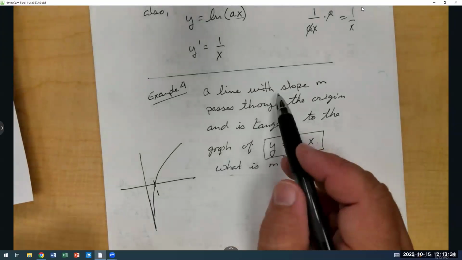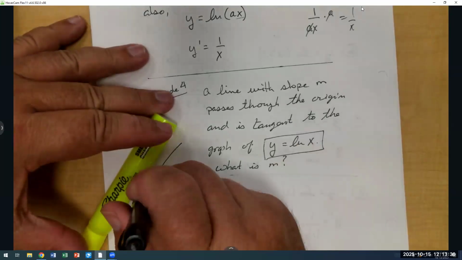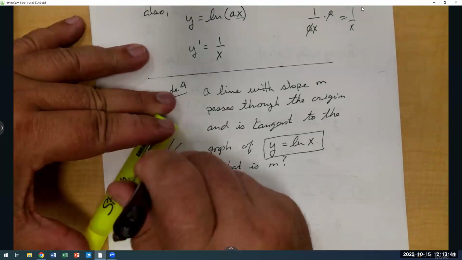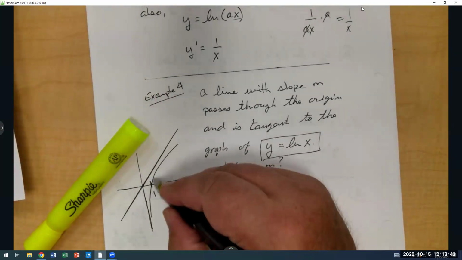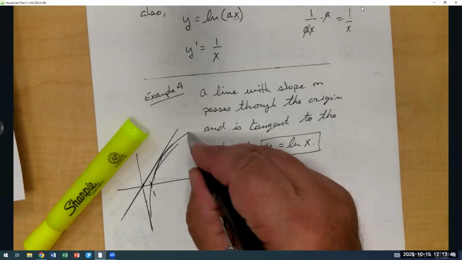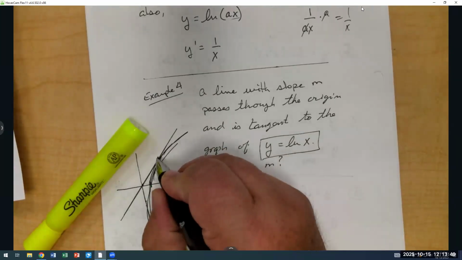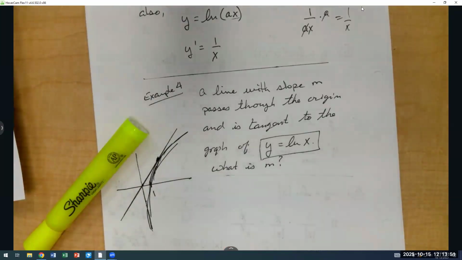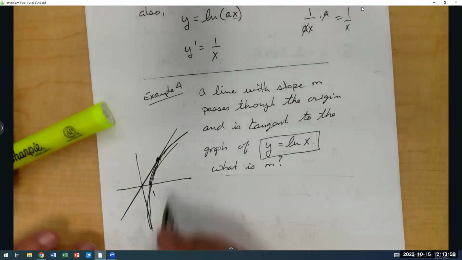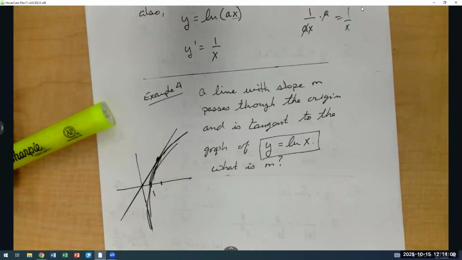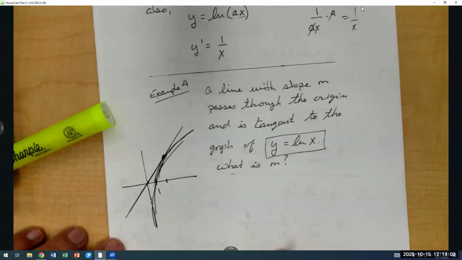So there's a line going through the origin that has slope m and is tangent to the curve. So it touches it at one point. It touches it at one point down the line. Do we know what that point is?